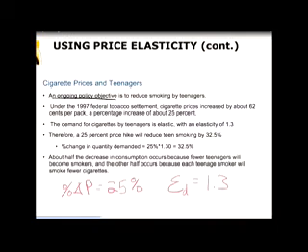Therefore, if we multiply these two numbers together, we're going to get a 32% reduction in the quantity demanded of cigarettes by teenagers, and we can put a quantitative number on the decrease.